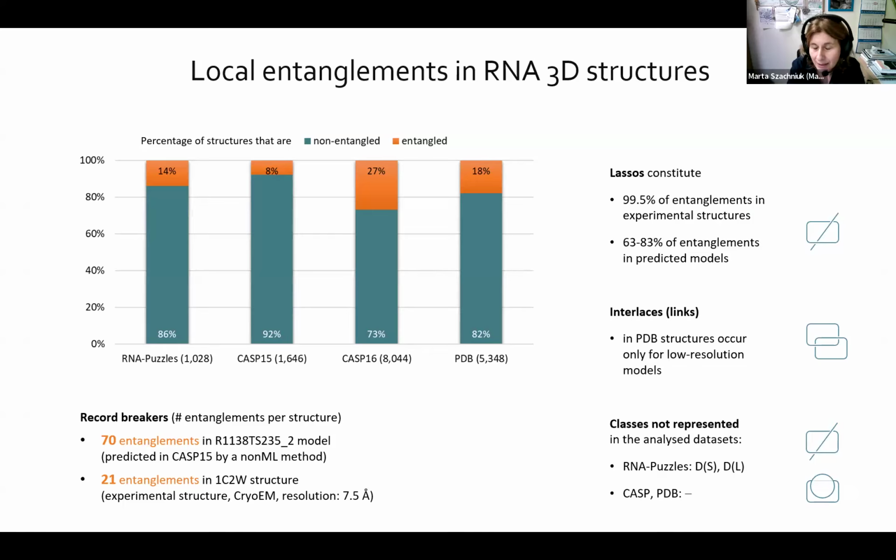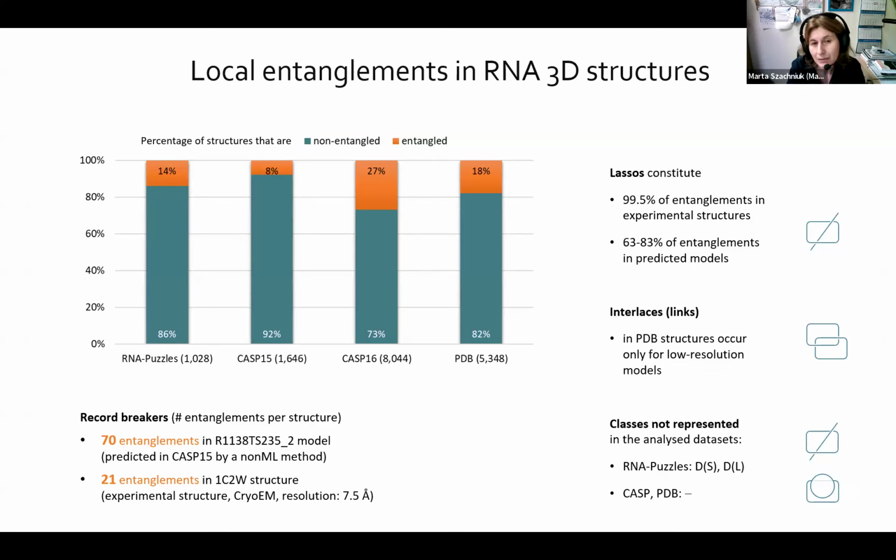So we found entangled structures everywhere, even in the Protein Data Bank, so even in experimental structures. Obviously, there are not many of these structures, so in terms of the percentage of the whole subsets, it's not a big one.